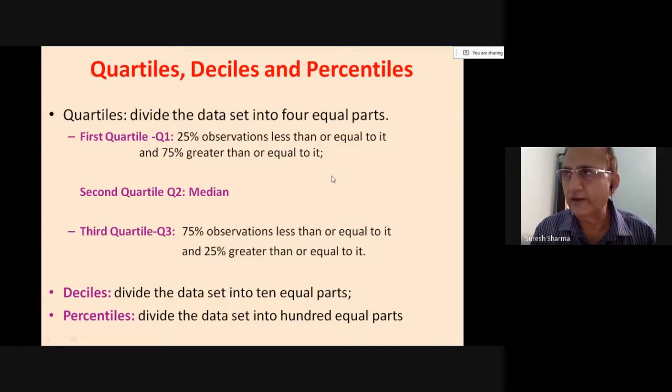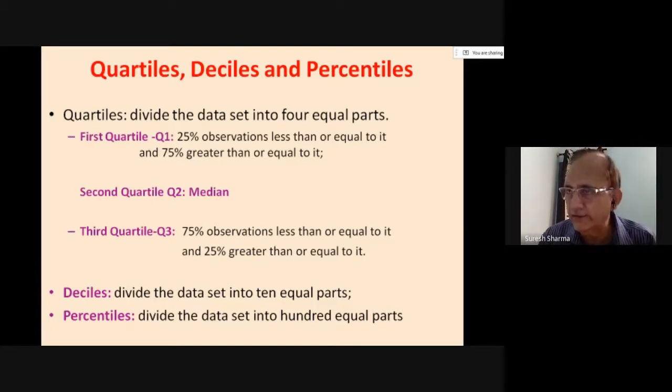From the beginning to the median there will be a middle point, and from the median to the end there will be another middle point. These two middle points are Q1 and Q3. Median stands for 50% of observations below and 50% above. Q1 stands for 25% below and 75% above. Q1 is the first quartile. Q3 is the third quartile.